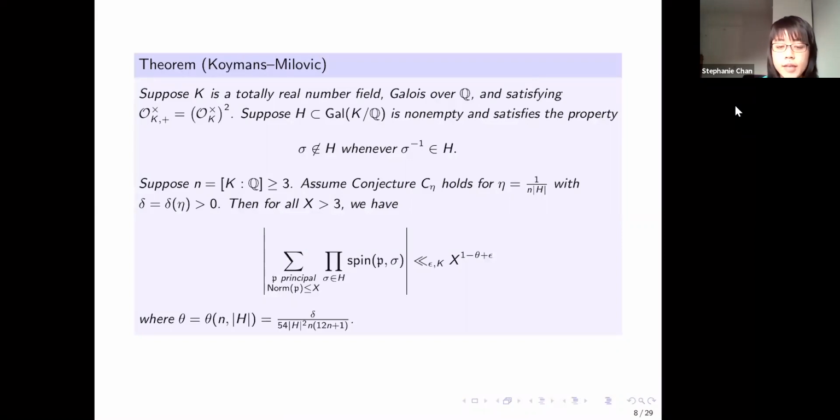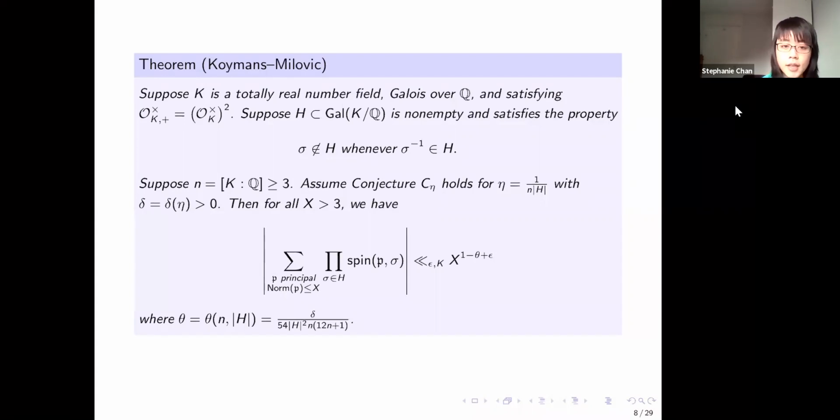This is a more precise statement of their theorem. In the case when the number field is of degree 3, we essentially recover the previous theorem by Friedlander, Iwaniec, Mazur and Rubin, because the only choice of the subset H is the set that only contains one generator.